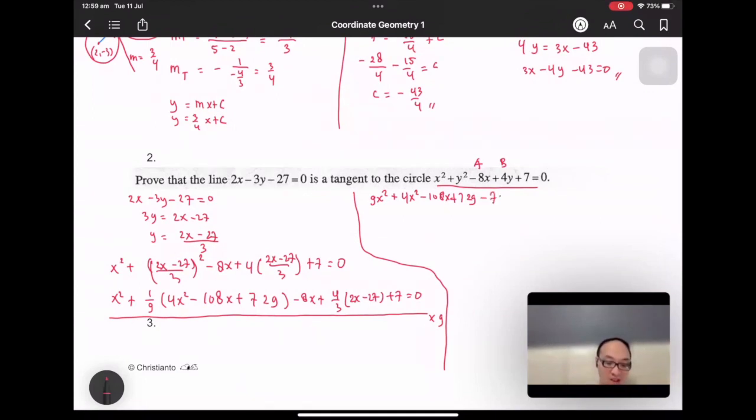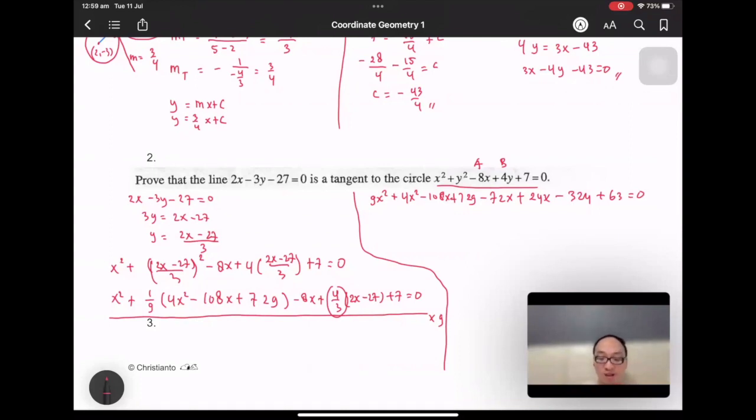Minus 72x plus, okay, this is multiplied by 9, so multiplied by 12. So it's 12 times 2 is 24x, minus 12 times 27 is 324, plus 7 times 9 is 63, equals to 0.